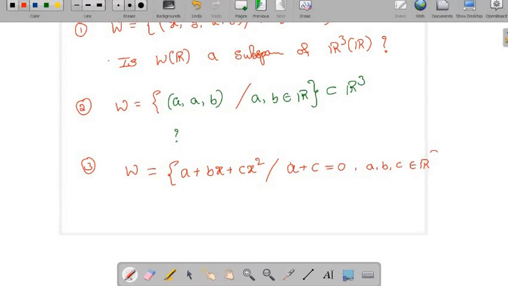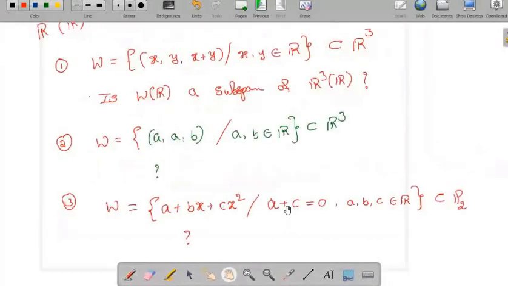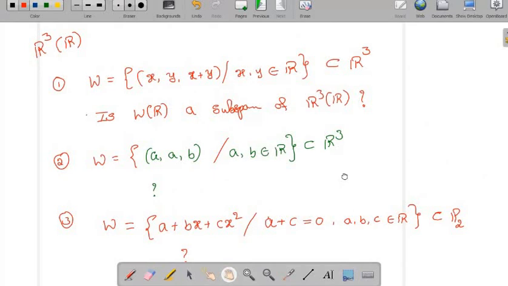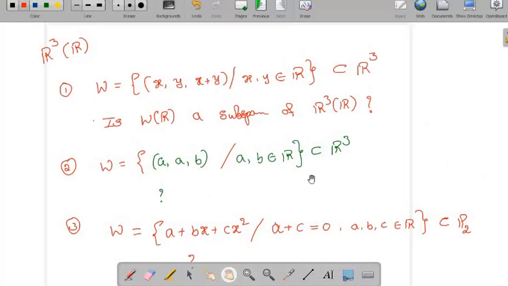Now it is clearly a subset of P2, the set of all polynomials of degree less than or equal to 2. Now the question is, is it a subspace of P2? Not only this, I'm going to share one assignment sheet. Please try to think of them, whether they are subspaces of the big vector space or not.